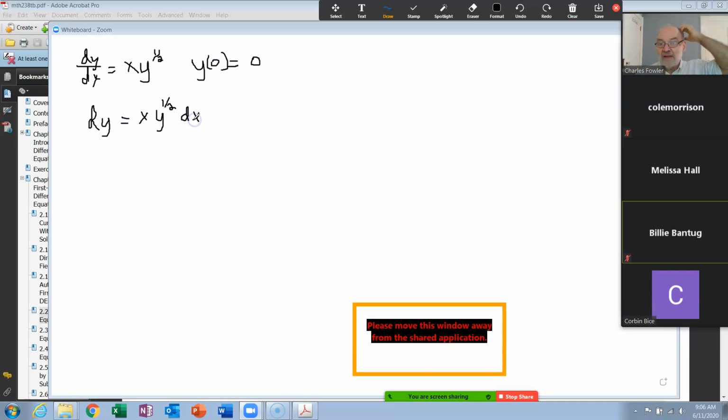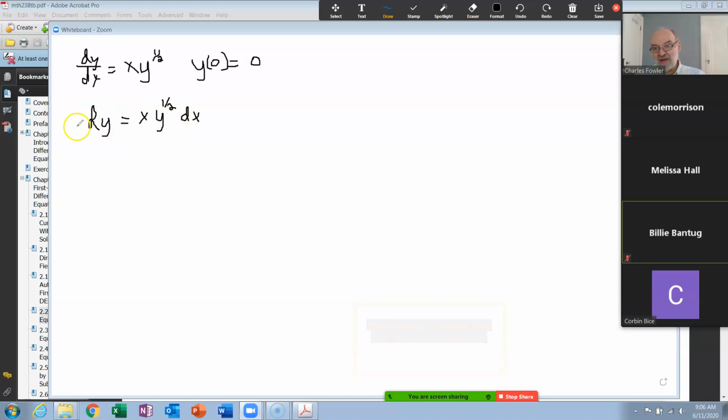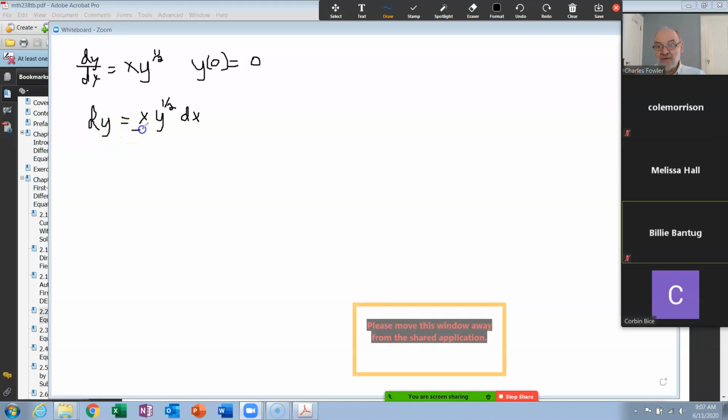Now, it's in differential form, but the variables are not separated. You've got the x's together, but the y is mixed up over here with the x's and not over here with the y. So since it's separable, meaning that it's a product, you can divide both sides of the equation by y to the 1/2. And that's a pretty ugly y.